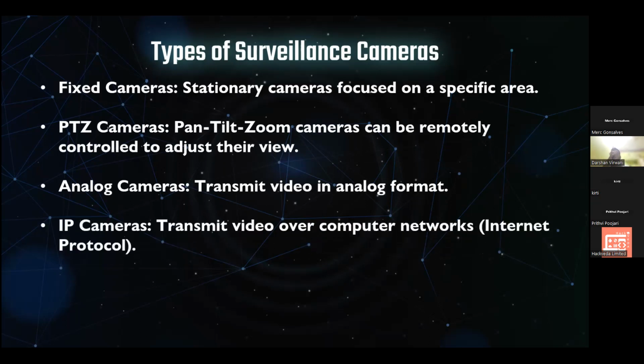And next are IP cameras. IP cameras are not very different from fixed cameras or PTZ cameras. They are advanced versions which transmit their video over internet protocols. For example, each camera is provided a particular IP address. Say there are 32 cameras around an organization, and every camera has a particular IP address, and the security person monitors through that IP address.